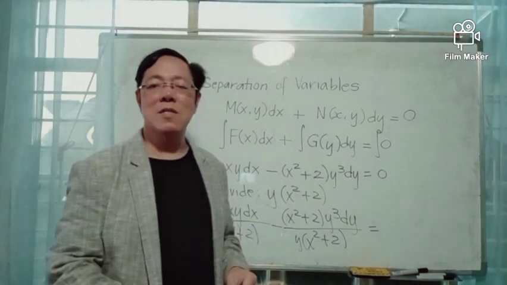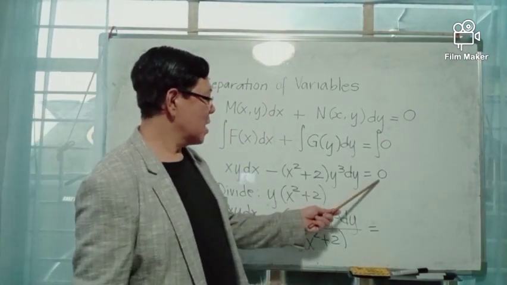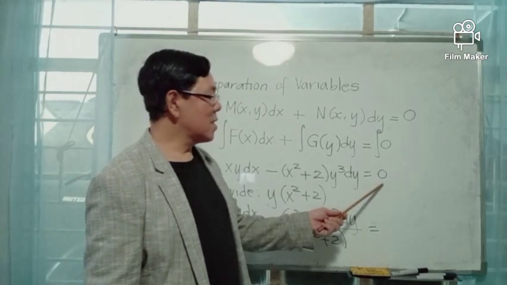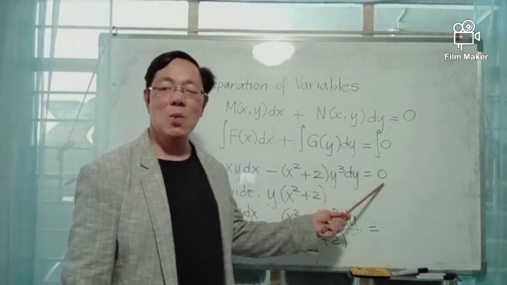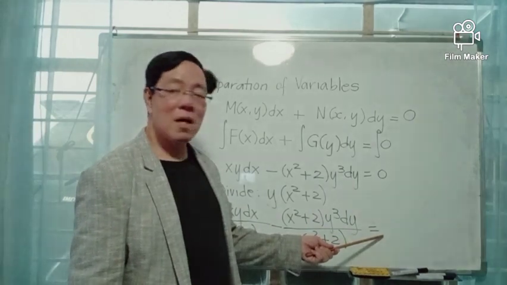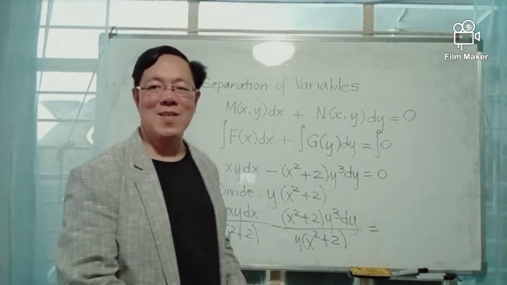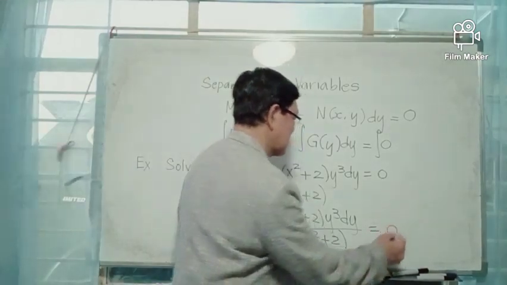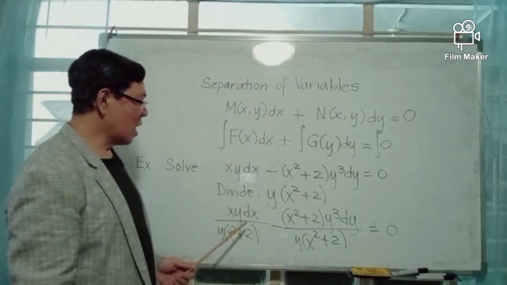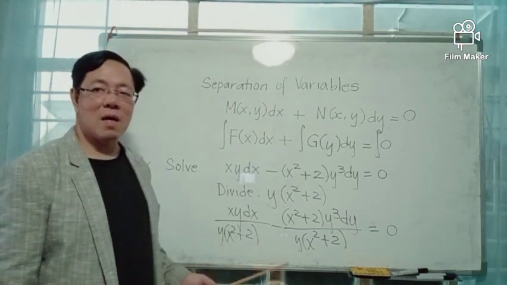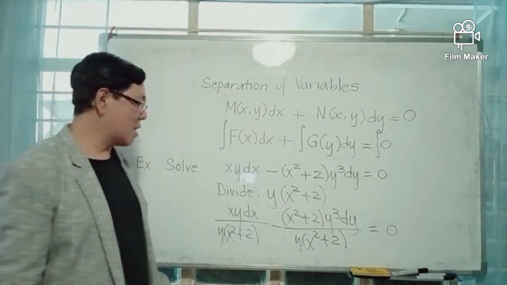The right-hand side is 0, but we also have to divide 0 by y multiplied by x squared plus 2. But if we divide 0 by any quantity, we get 0. Thus, the right-hand side of this last equation is 0. Now, we cancel from each term of the left-hand side the quantities that can be cancelled.